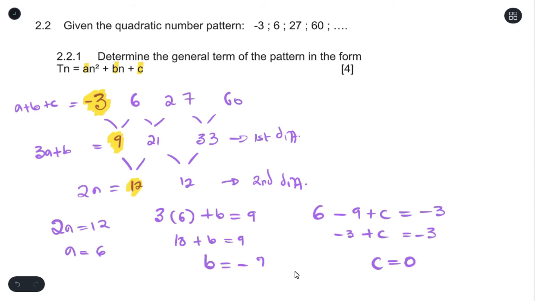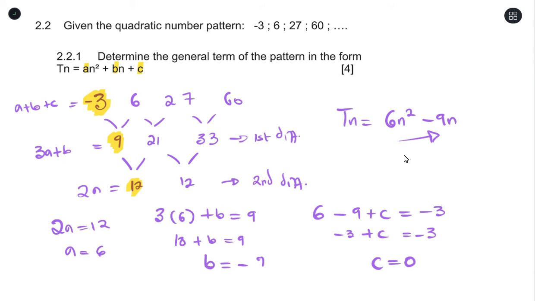So from here we see that our a is 6, our b is -9, and our c is 0. Then finally we can now say our Tn is 6n squared minus 9n. Now we don't put c because obviously c is 0, and that's exactly how we answer this question.